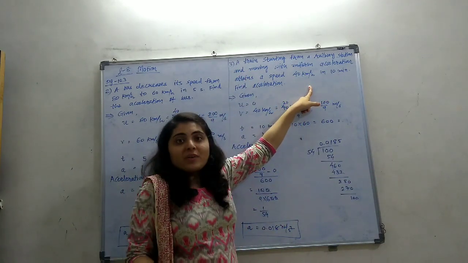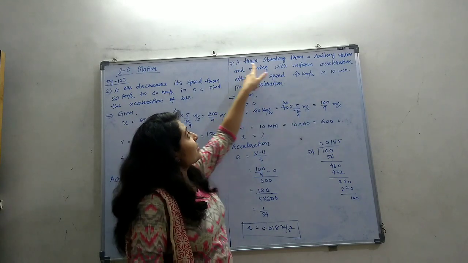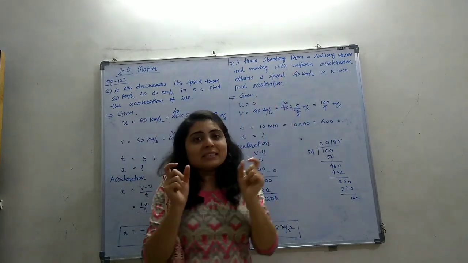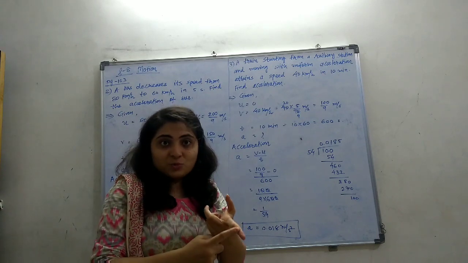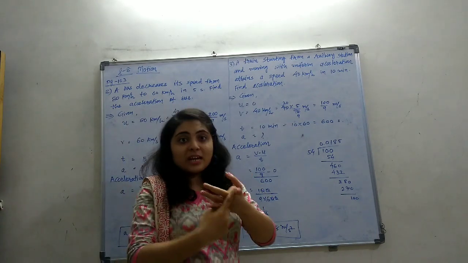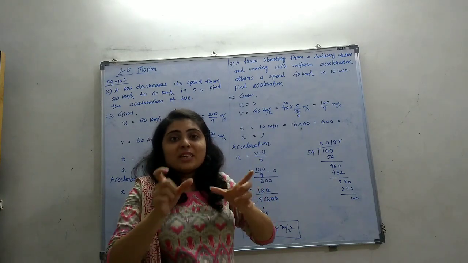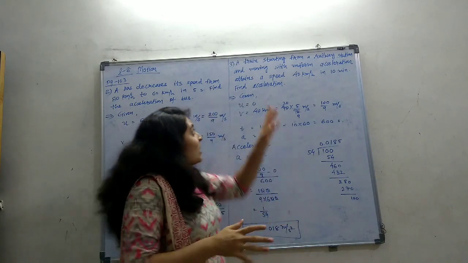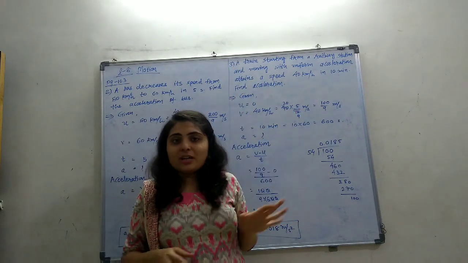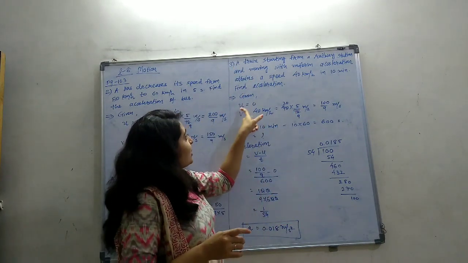And where are we getting the initial velocity? Here, from these words. See, these are the keywords: at rest, starting from the rest position, starting position. Okay, so these keywords represent that the initial velocity is 0. So a train starting from a railway station, that means the initial velocity is 0.